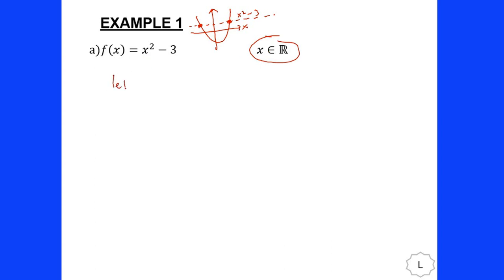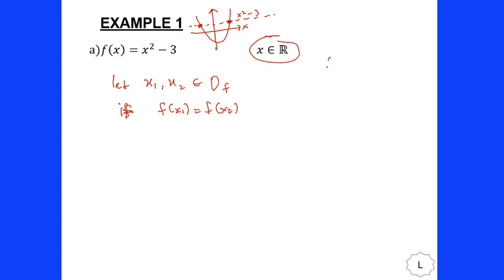So let x1, x2 be members of the domain of f, the real numbers. Okay, so now it implies that if f(x1) equals f(x2).